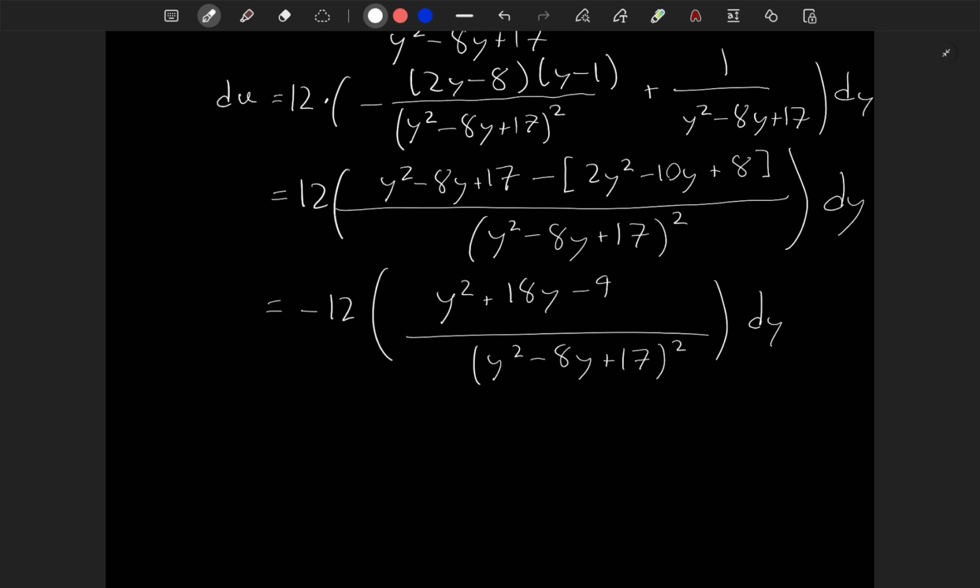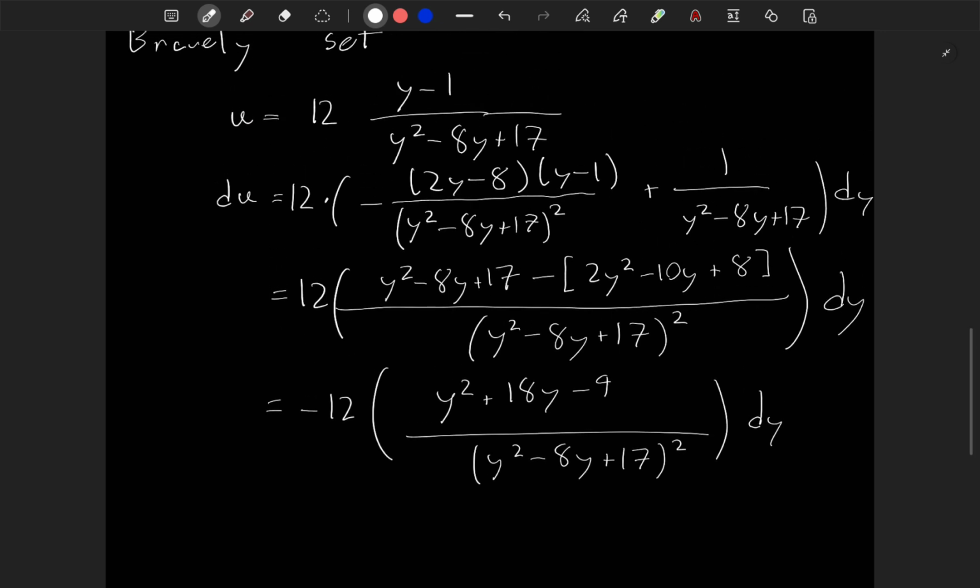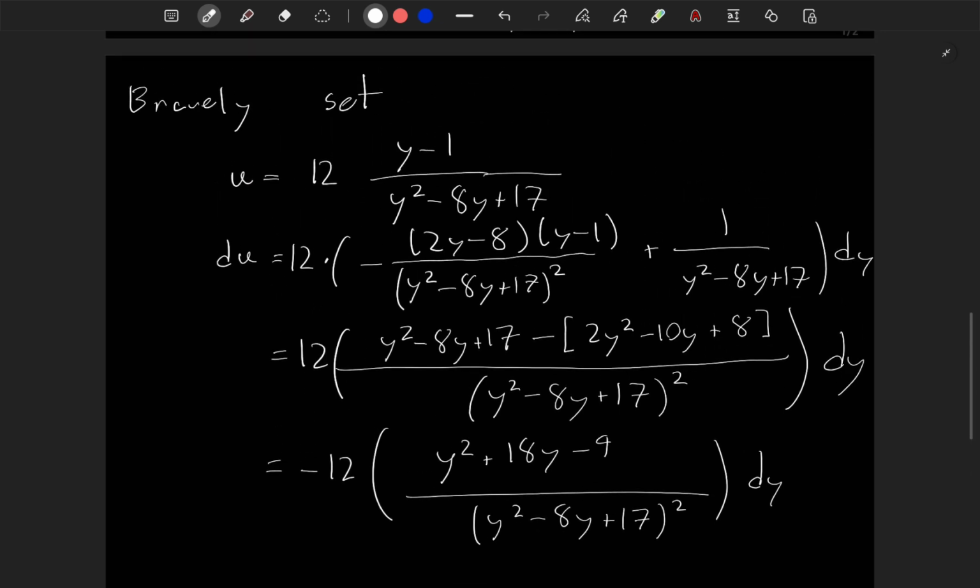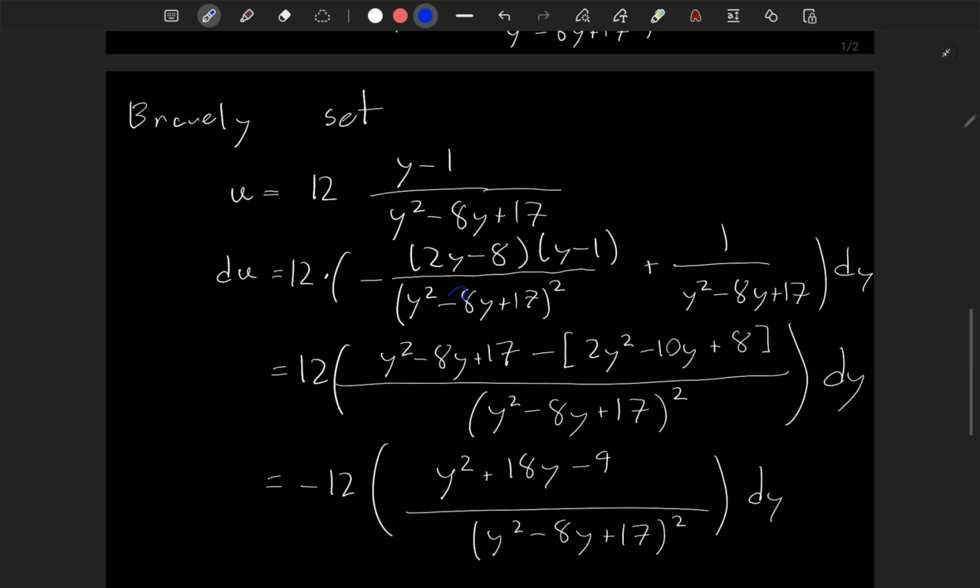This u sub doesn't seem like it's going to go anywhere. I could have identified already something that looks like e^u again, and I could multiply and divide here by y minus 1 to get another u. But solving for y in that mess is a little ugly because it's quadratic.